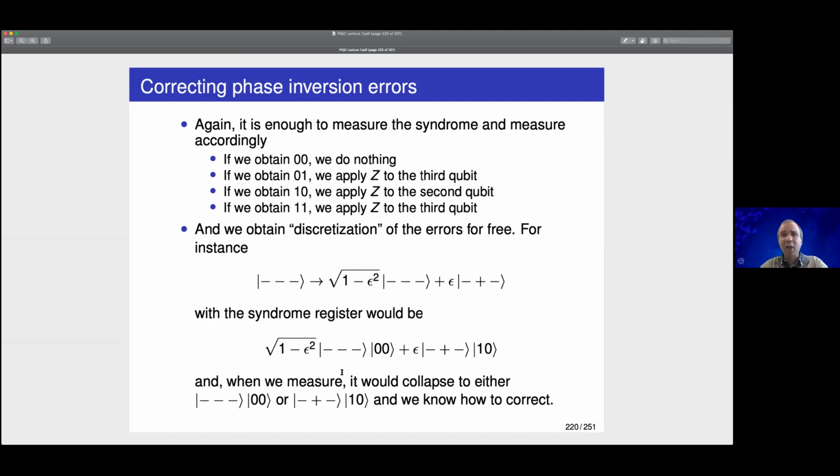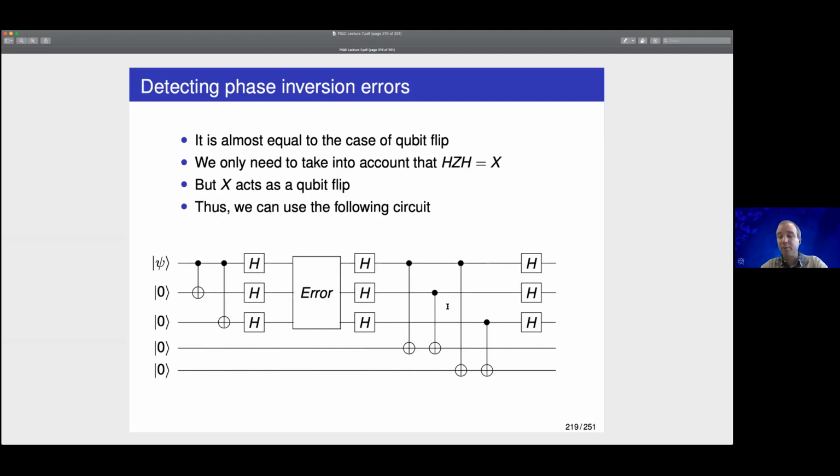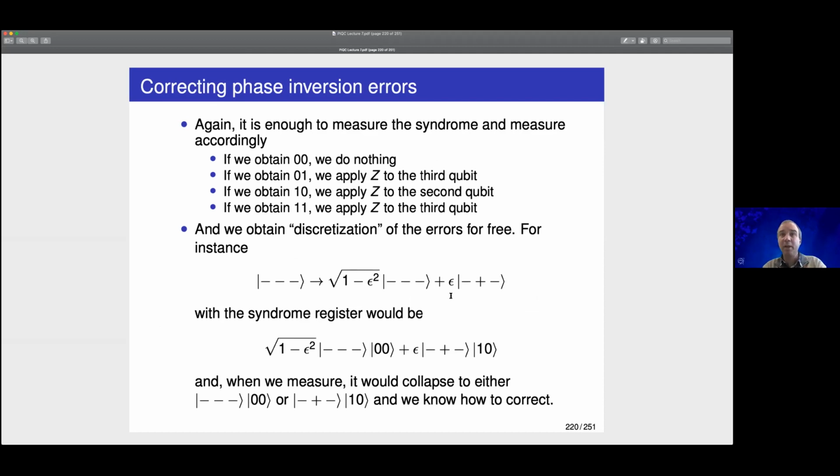And again, we can use this trick of the discretization of the errors in order to correct for errors that are a rotation around the Z axis, which changes the phase a little bit, but not completely from +1 to -1 or from -1 to +1. Because again, when we use this part of the circuit to detect the syndrome and we measure, we are going to have a syndrome that is entangled to the kind of state that we have in that situation.